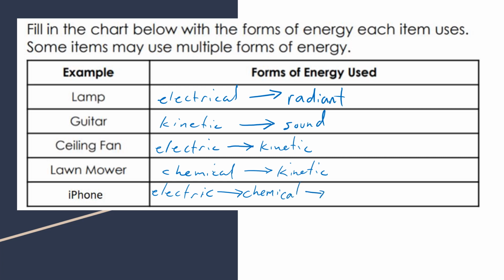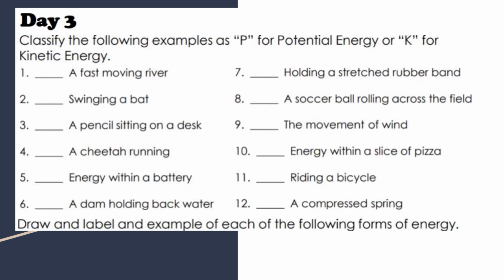Then, as you use the phone, the chemical energy is producing electric energy, which is producing radiant energy, as you can see your screen, and sometimes also sound energy as you listen to music. And you could also argue that there's some electromagnetic radiation. So the iPhone is really complicated, but I think that's enough writing for that block. Just understand there's more going on than what we're talking about right now.